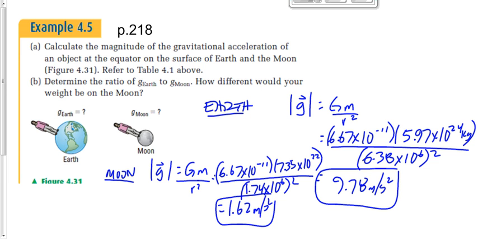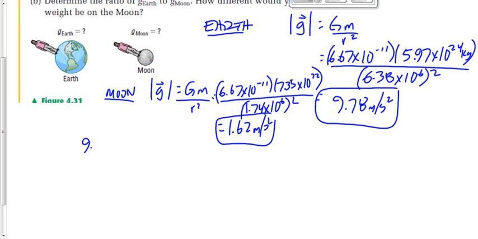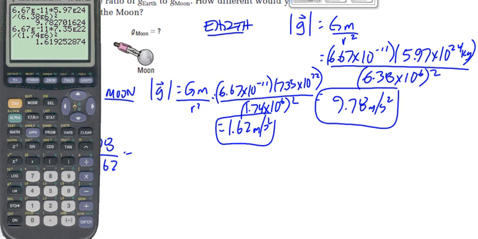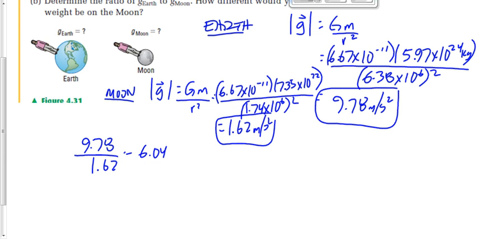Compare the Earth's gravitational field to the moon's gravitational field. We're going to say 9.78 divided by 1.62, and we end up getting 6.04. So the ratio would be 6.04 to 1.